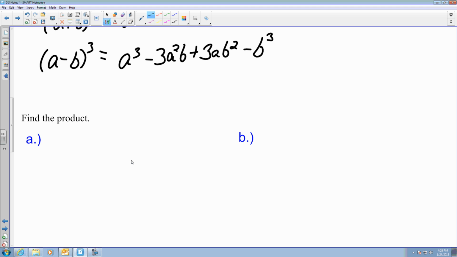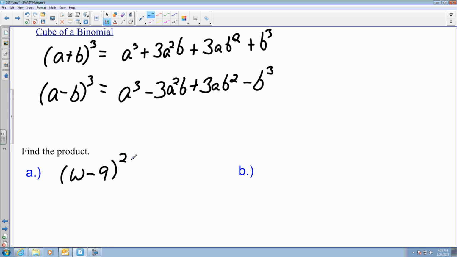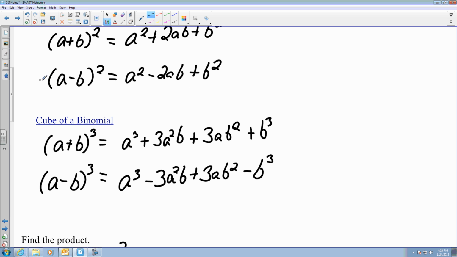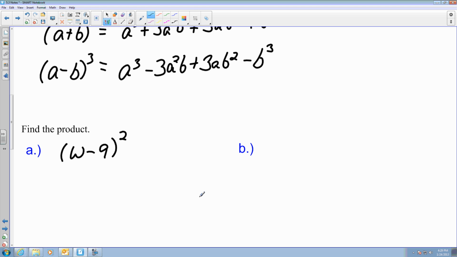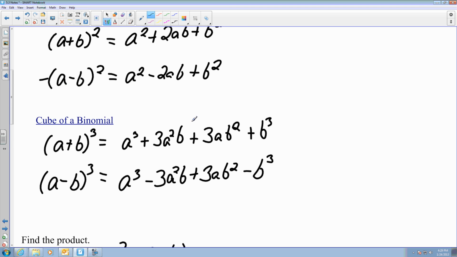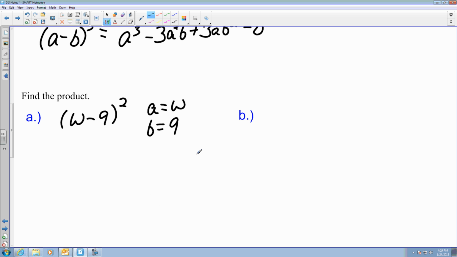So if I were to ask you to find different products using these special patterns, so let's just say I had w minus 9 quantity squared. So this looks oddly like this one here. So if I pretend that a equals w and b equals 9, I can substitute in those values and help me solve this, find the product of this expression, of this polynomial.